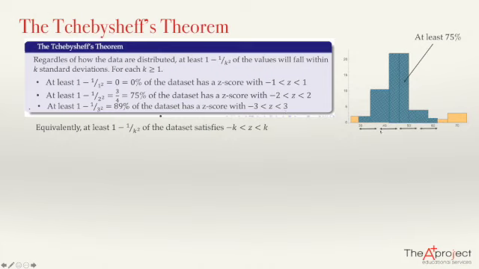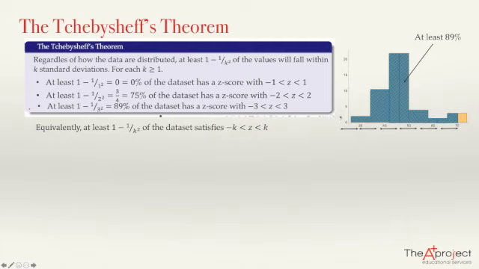So it means that if we put another standard deviation to the left, the proportion of data that are between these -3 and 3 standard deviations must be at least 89%.